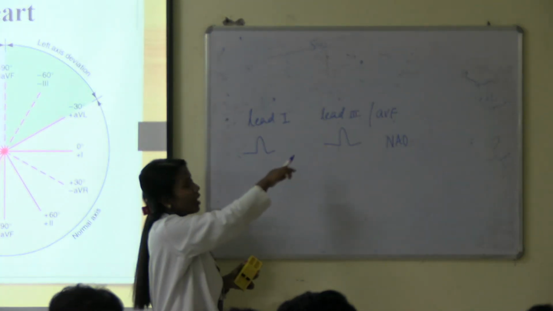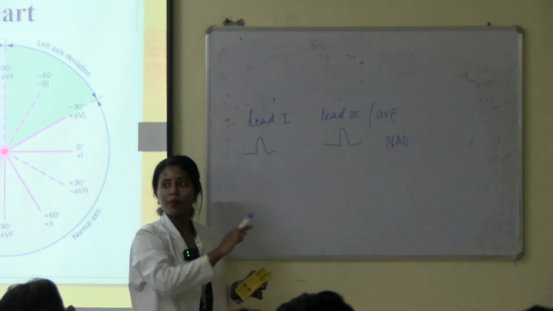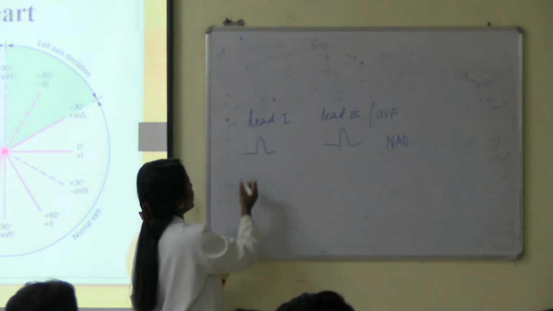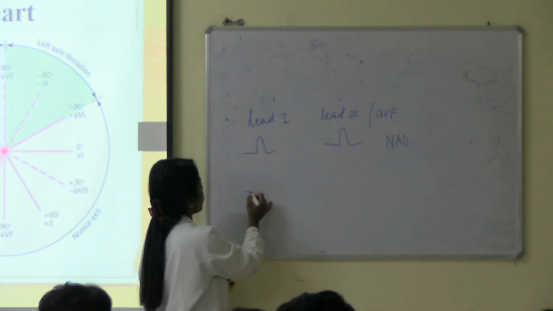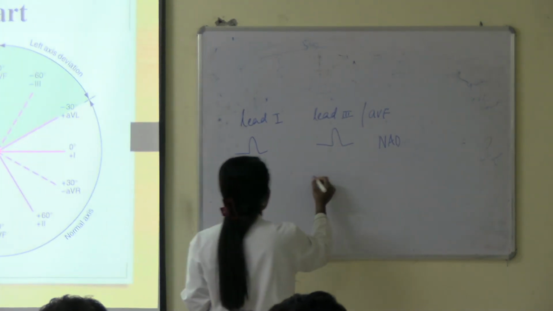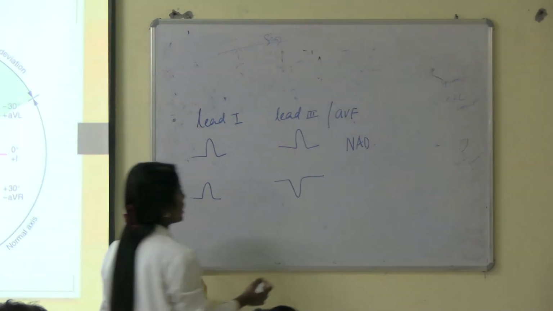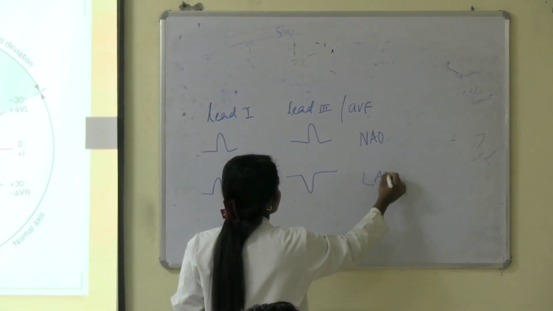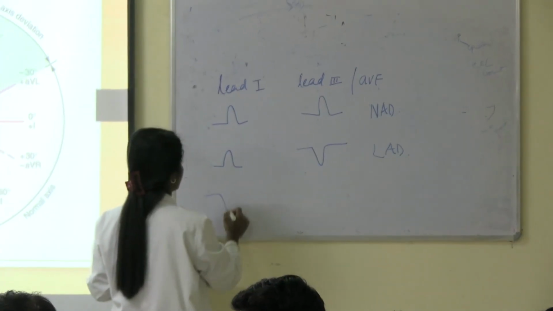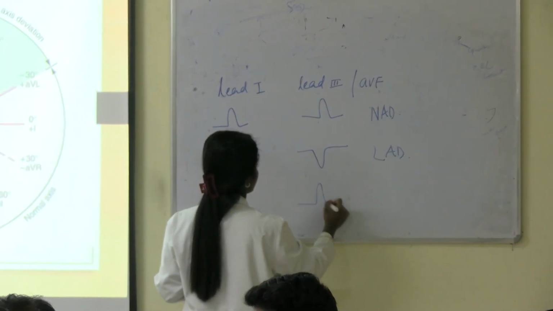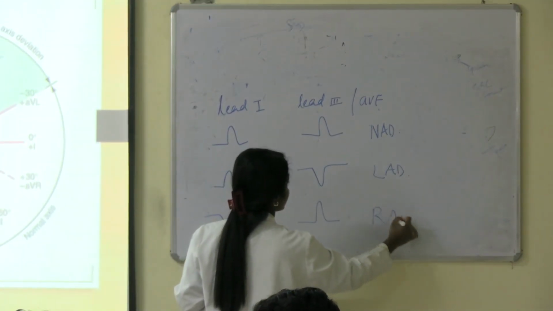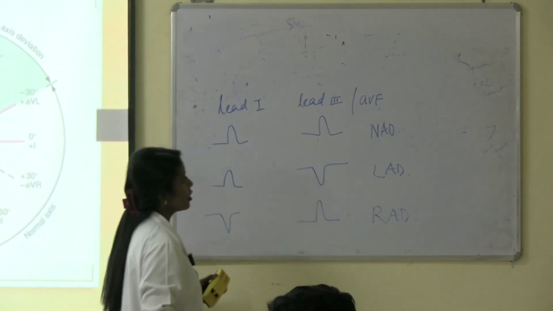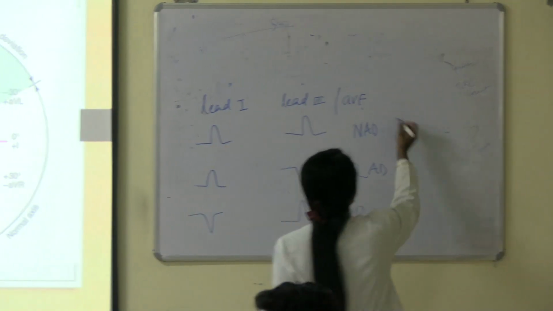If lead 1 is positive and lead 3 or AVF is negative, that is called left axis deviation. And if lead 1 is negative and the other is positive, that will be right axis deviation, okay. That comes along with the vector only.